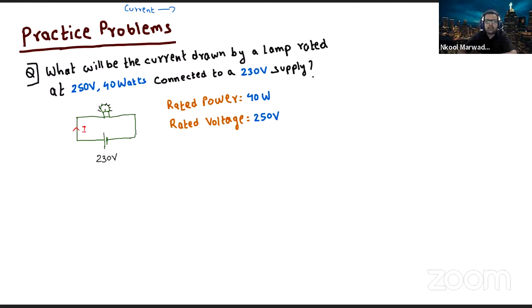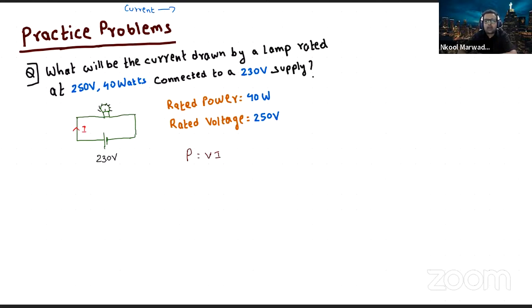And simplifying it, how to simplify that? Let us see. I know P is equal to VI. Here, P and V I know, because in VI I will be taking the rated voltage, not the supplied voltage, because I have to calculate the resistance offered by the bulb.